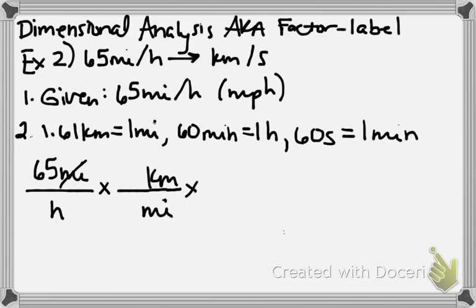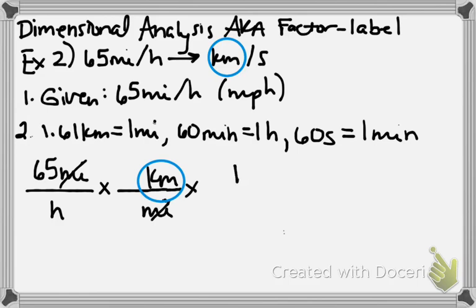So currently I have gotten rid of miles though, and if I stopped here my unit would be kilometers over hours. But kilometers is the thing that I want as my answer, right? I do want kilometers on top. So I'm going to stop dealing with the stuff on top and leave it alone. My next fraction then is going to have to take care of the hours that are on the bottom.